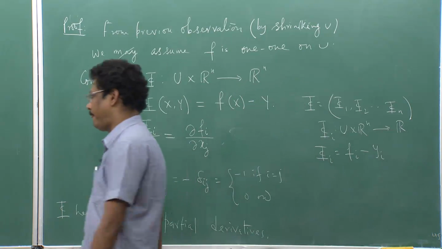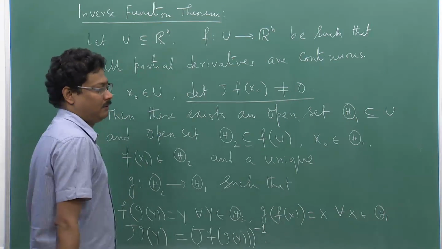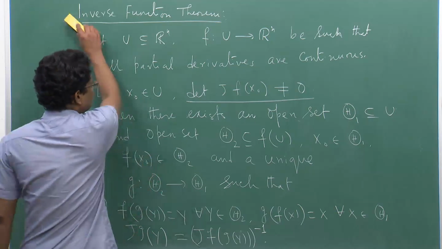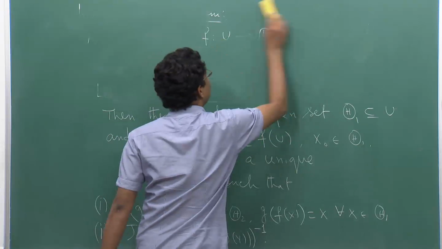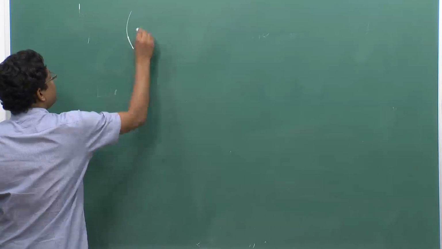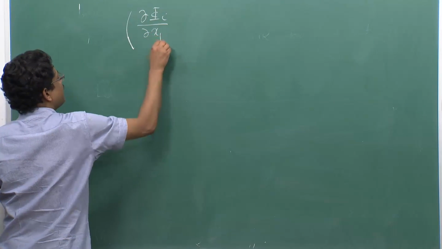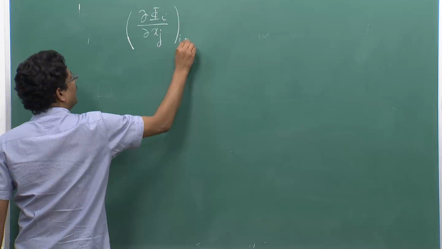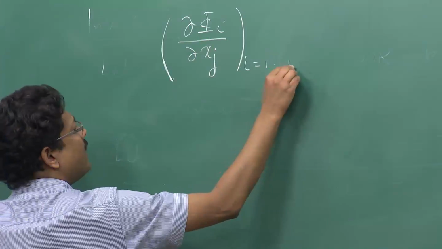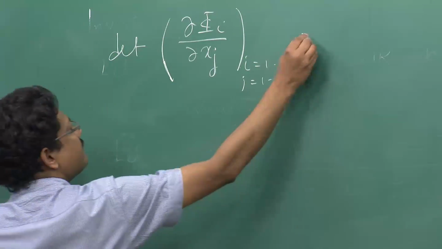Therefore, given this assumption, the determinant of J_f at x naught is non-zero, I get this matrix, i equal to 1 to n, j equal to 1 to n, and the determinant of this matrix is not 0.